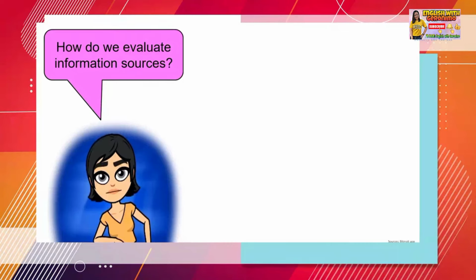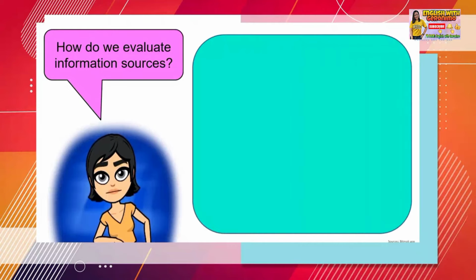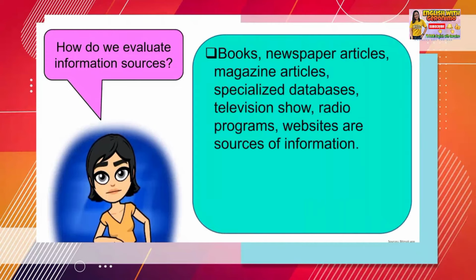Now that you have already understood the poem, let us now check the source. How do we evaluate information sources? Everyone is faced with the need to gather information from a variety of sources for different needs.